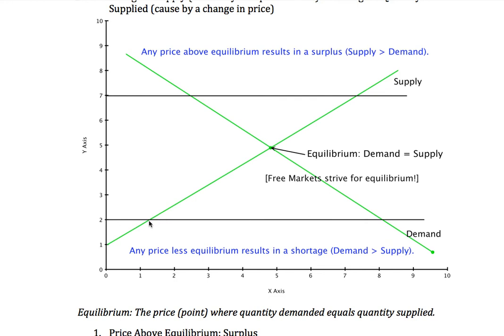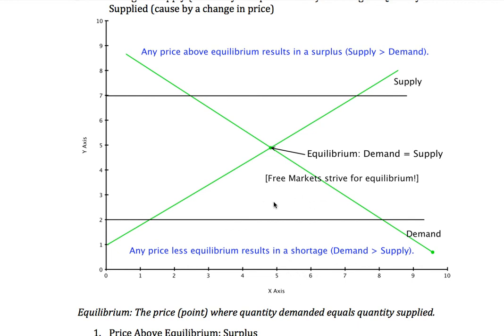So my quantity supplied will be less. And that's what I'm talking about, a shortage. At any price less than equilibrium, my quantity demanded will be greater than my quantity supplied, so I have a shortage. So we have a surplus when the price is above equilibrium, and we have a shortage when the price is less than.